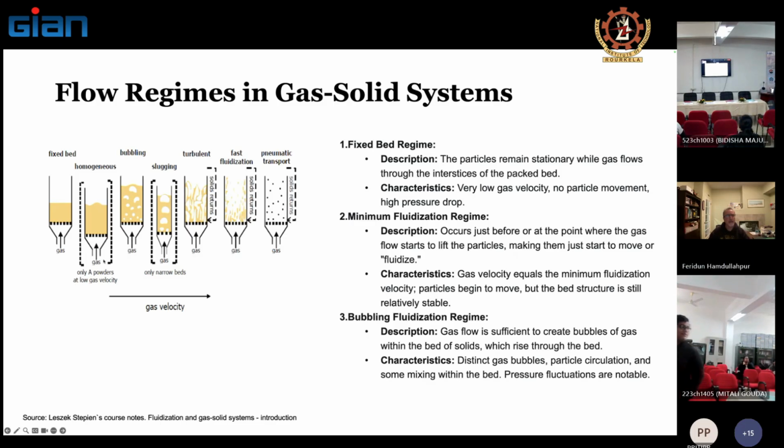So again, let's go back to the example I gave you. We have this vessel, let's say it's cylindrical, and we fill it to a certain level with solid particles. Let's say sand particles, of 200 micrometers, okay?